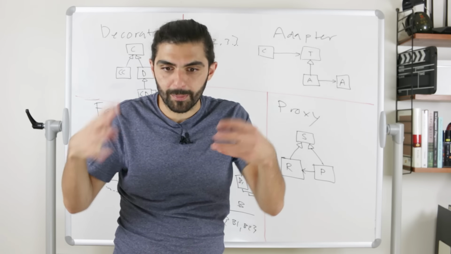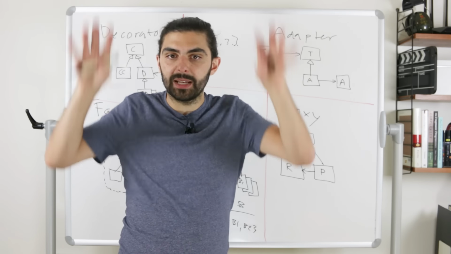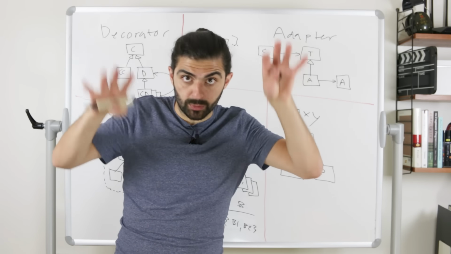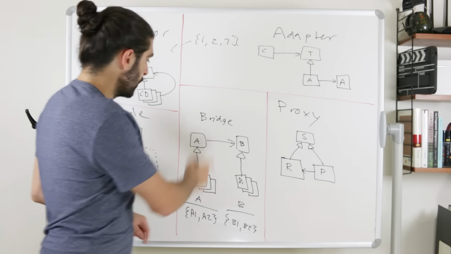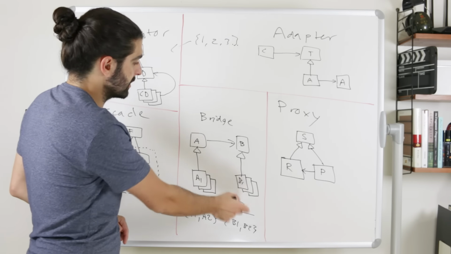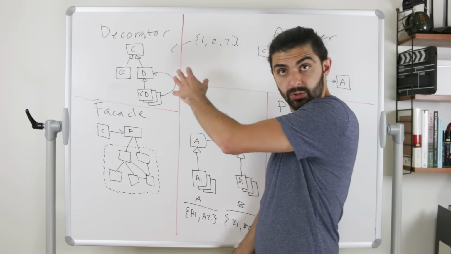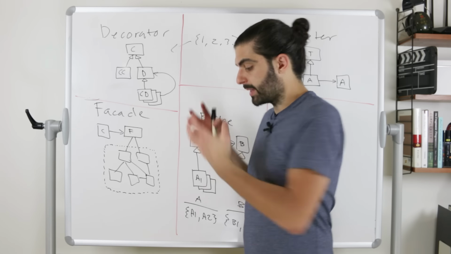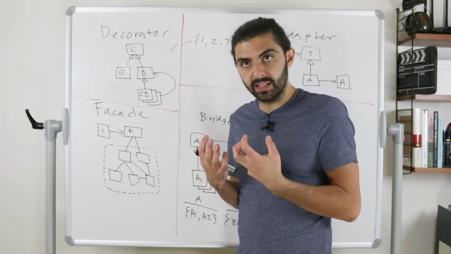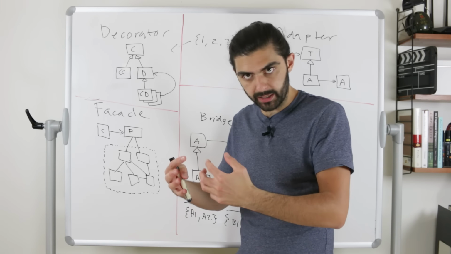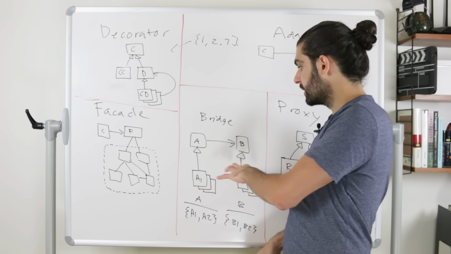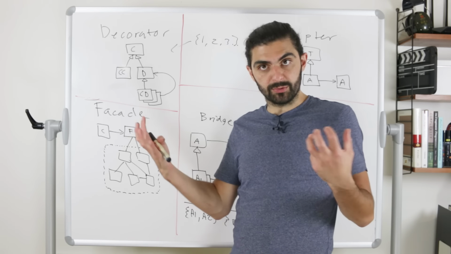And then you want to be able to combine any two of the many combinations of ways of doing these two things. And that's why we have one hierarchy here and one hierarchy here. So let's think about this in relation to the decorator. What the decorator does is that it changes the implementation of a single thing. But the bridge, then we have two ways of doing things.